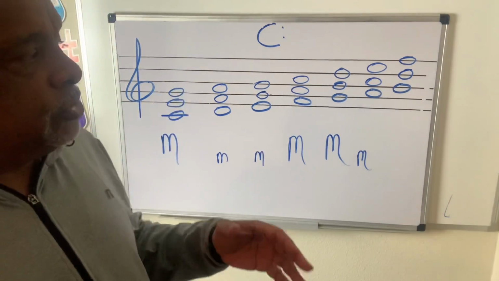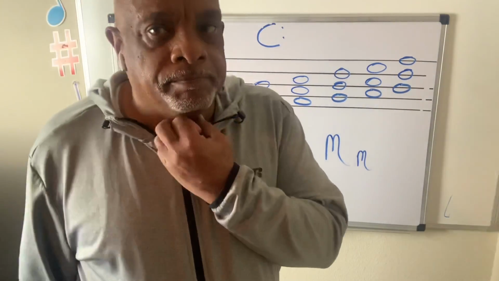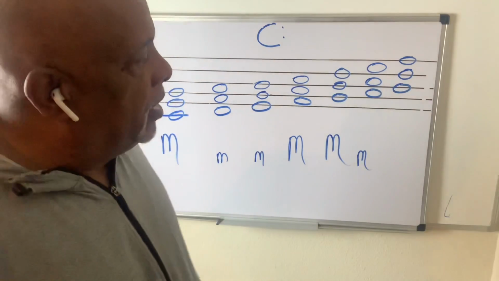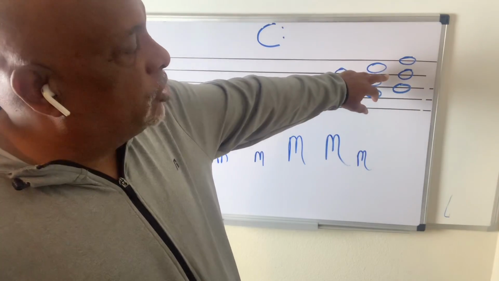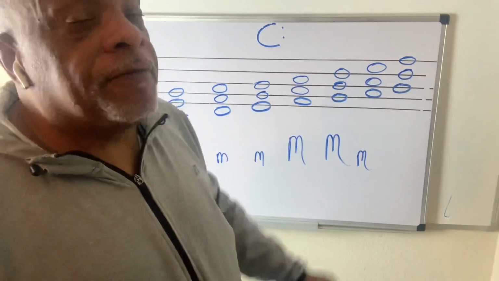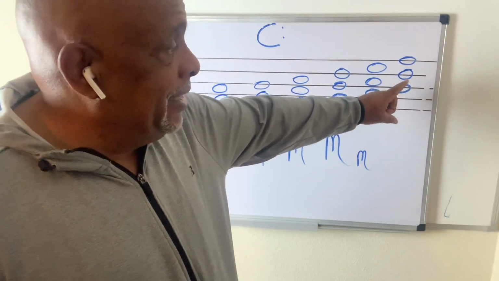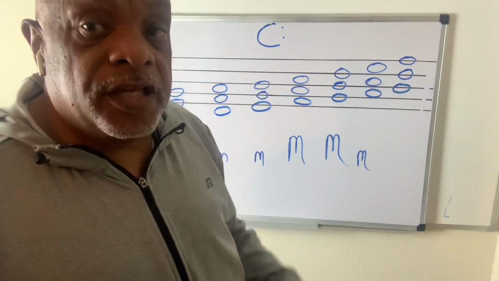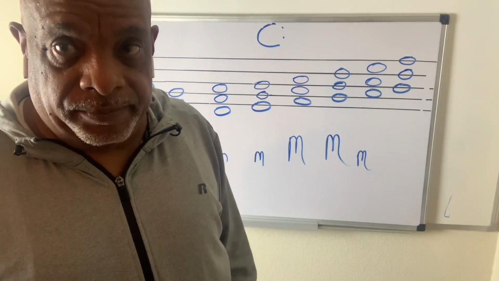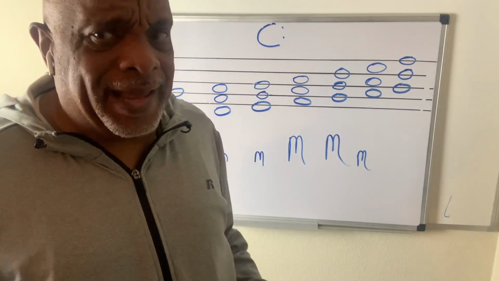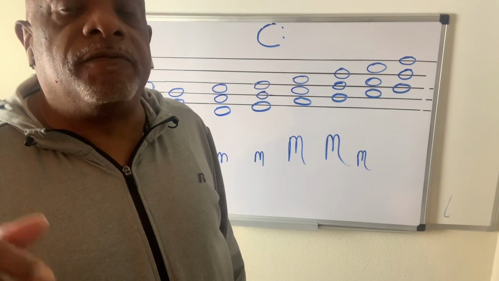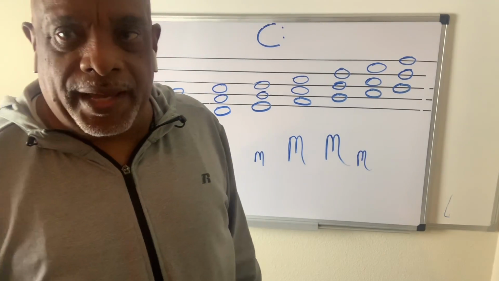Now, if you go to the B major scale, in the B major scale, the D is sharp and the F is sharp. But in this case, the D and the F are lowered a half step. So what triad is it when the third and the fifth are lowered a half step?